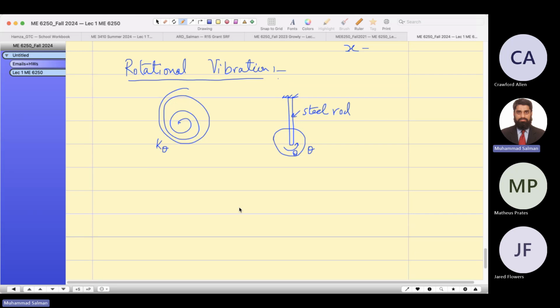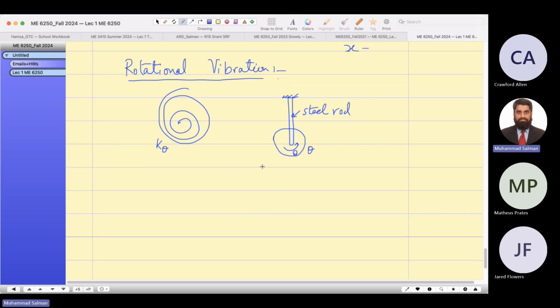That could be a good project for you: find the natural frequency of a structure and compare it with your theoretical frequency, and that could be a good paper later on down the road.